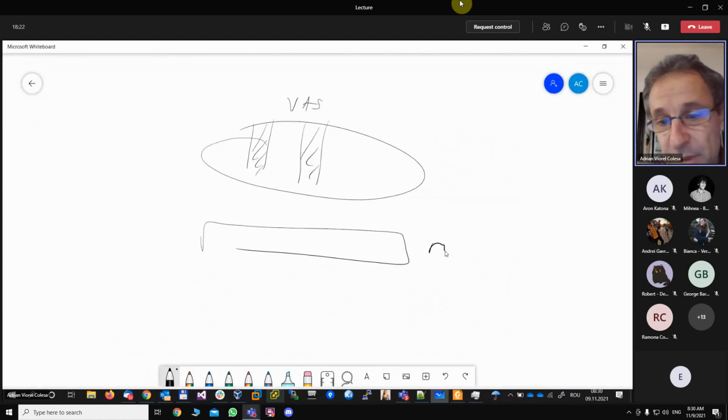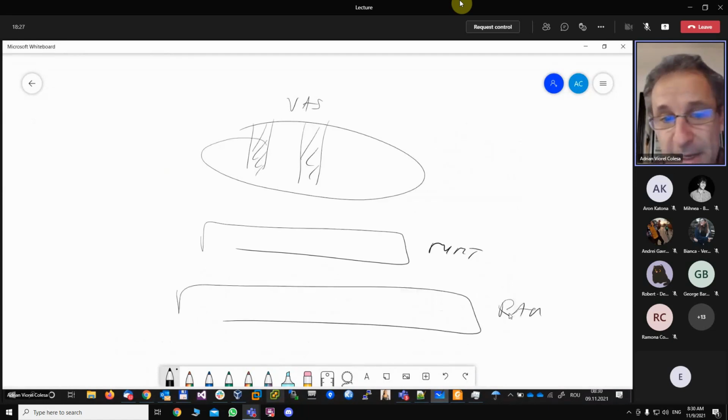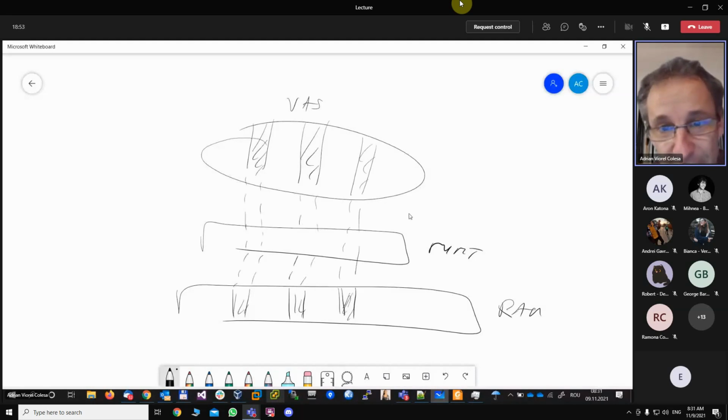So supposing we have here the memory mapping tables, and here is the physical memory, the RAM. Now let's suppose that a process's physical memory is not allocated in just one chunk, but in different ones. These chunks could be mapped in different parts of the process virtual address space. But what is important to understand is that not the entire virtual address space is mapped on corresponding physical memory.